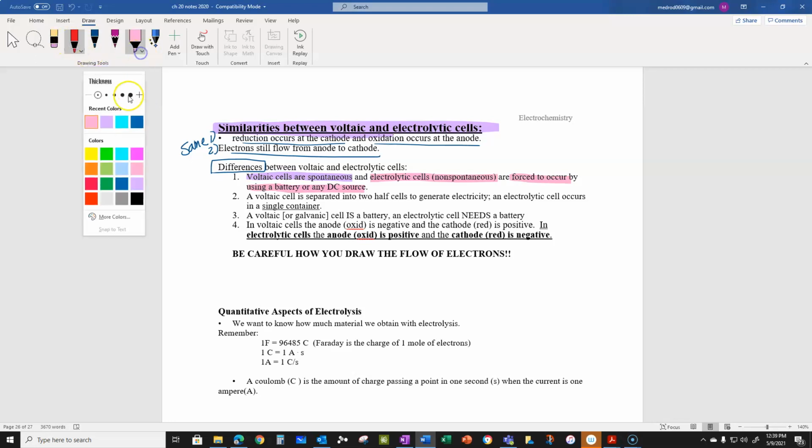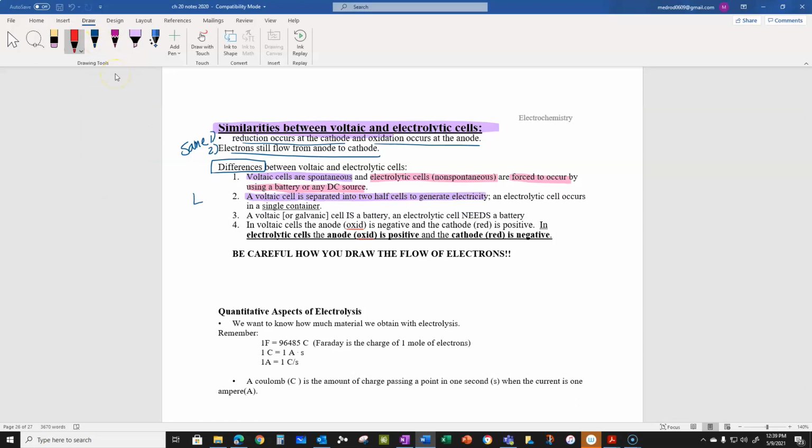A voltaic cell is separated into 2 cells to generate electricity. With voltaic, remember I told you, think of it like 2 little beakers, 2 little cells, and you have the salt bridge that connects them to get the ions to migrate. But electrolytic is different.